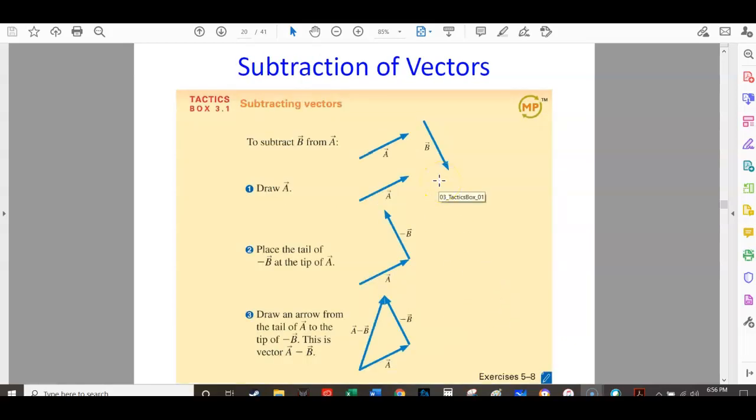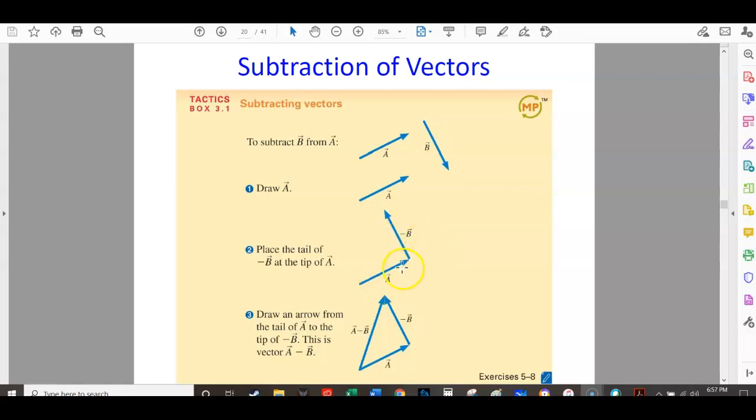With subtraction, if you have a positive A vector pointed up and to the right, and a positive B vector pointed down and to the right, and you need to subtract B from A, then you need to reverse that positive B vector, so that instead of pointing down and to the right, it'll be pointing up and to the left, and that's now the negative B vector.